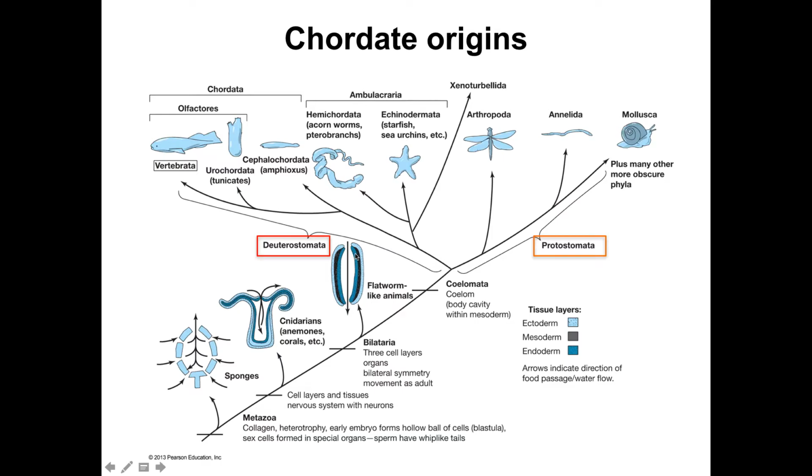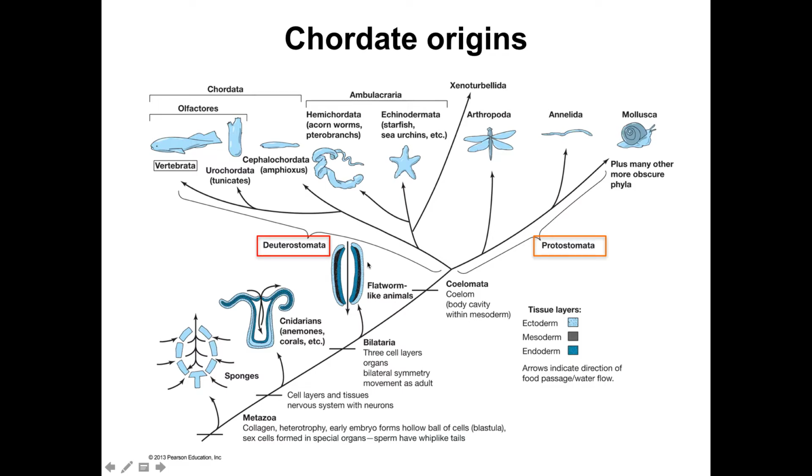The chordates, the echinoderms, and two other phyla are what are known as deuterostomes. All other phyla of animals are protostomes. Both deuterostomes and protostomes are coelomate animals. They have 3 tissue layers in their body, and they have a body cavity within the mesoderm.